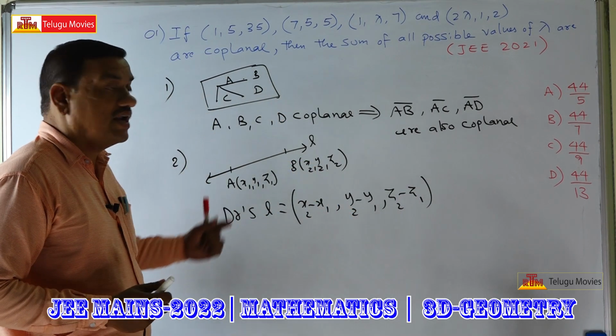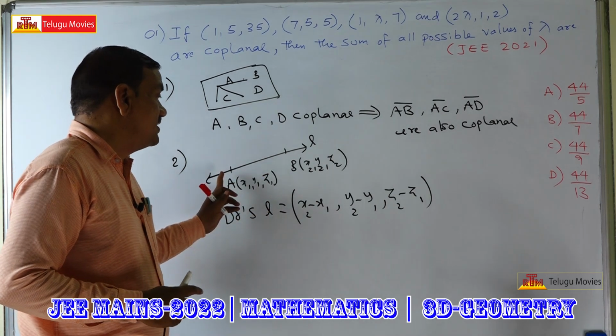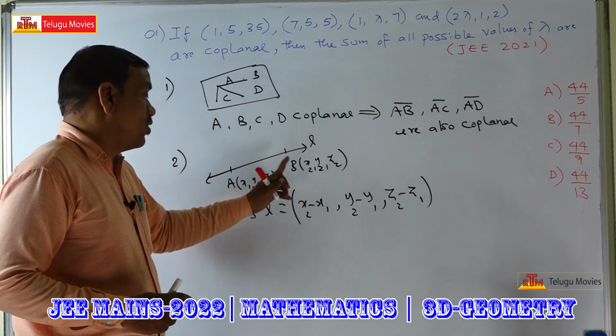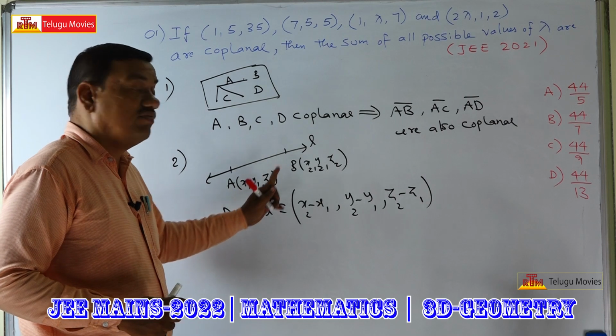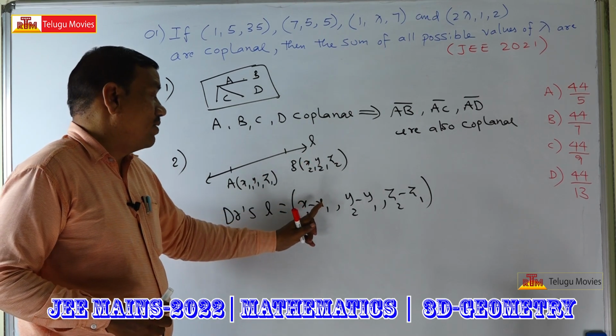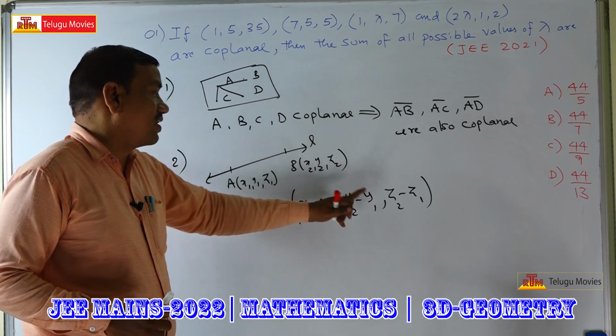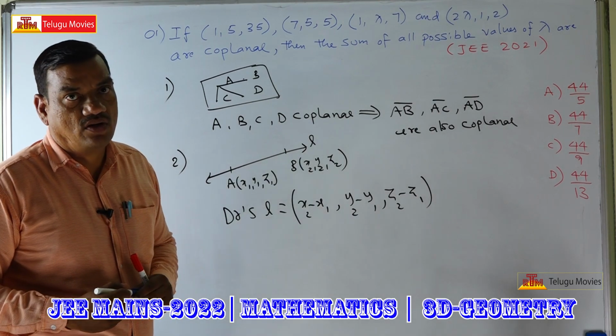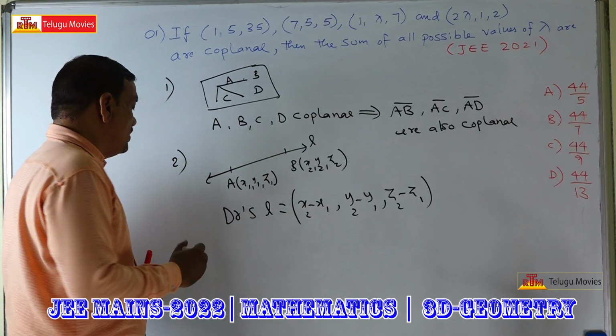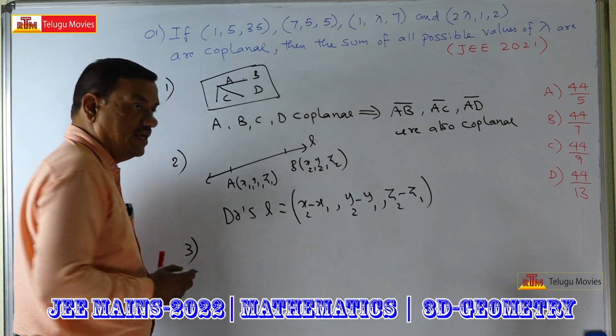So this is the direction ratios of the line joining A and B.